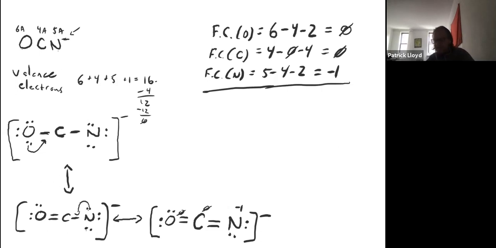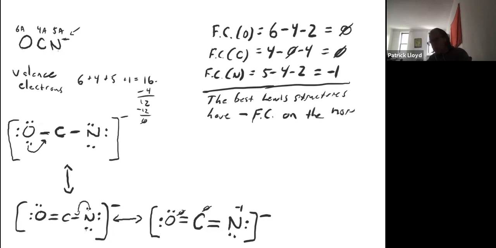And that is the best Lewis structures have the negative formal charge on the more electronegative element.